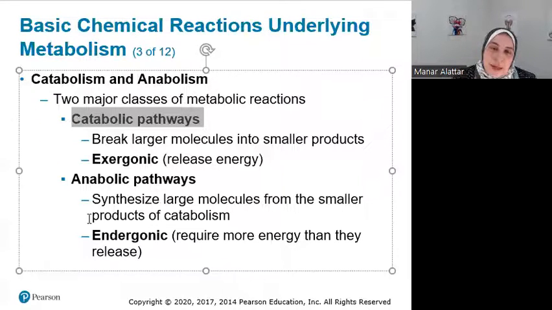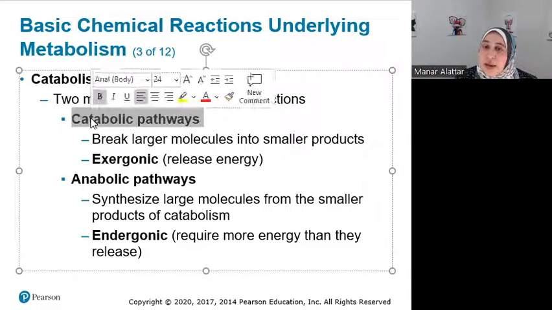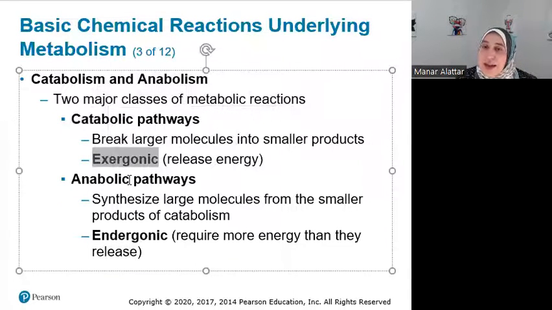And however that is happening, catabolic processes release energy, so exergonic, an exit of energy, and anabolic processes require energy, so endergonic, or an input of energy.